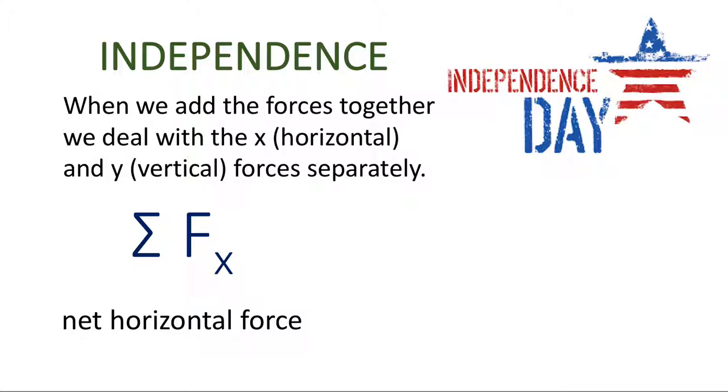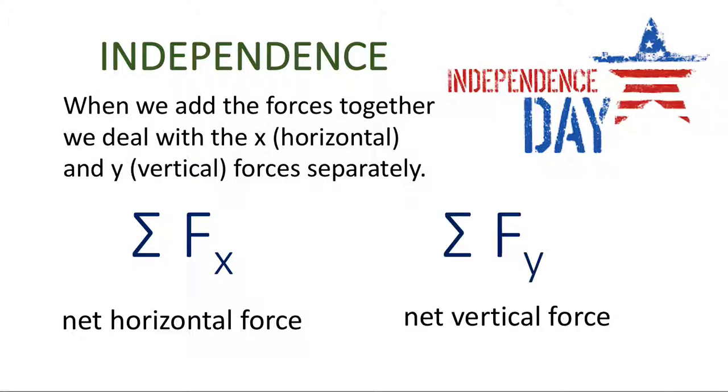The net horizontal force is sigma F with an X, and the net vertical force is sigma F with a Y. Remember that the letter X is associated with horizontal motion, and the letter Y is associated with vertical motion.